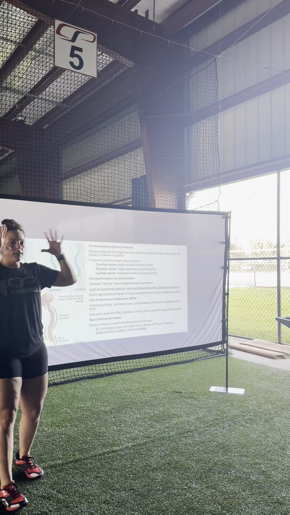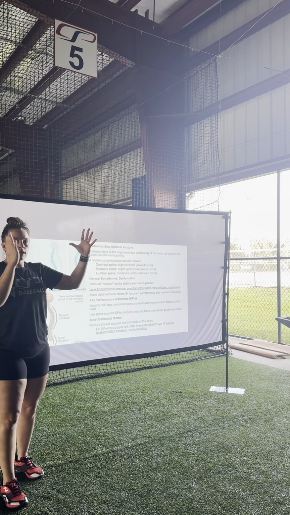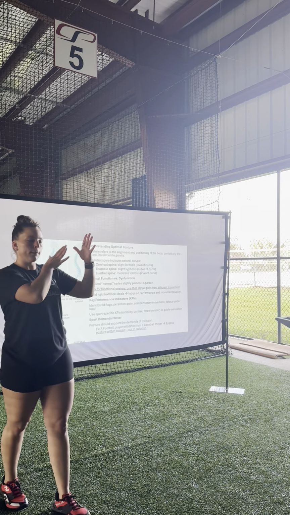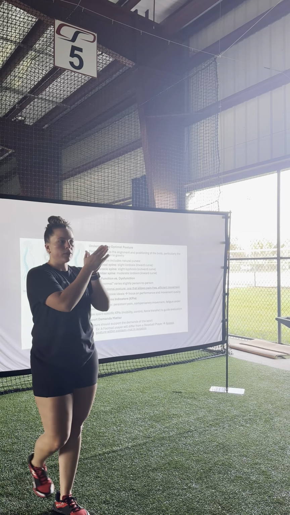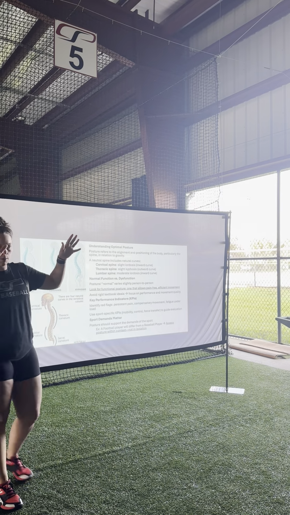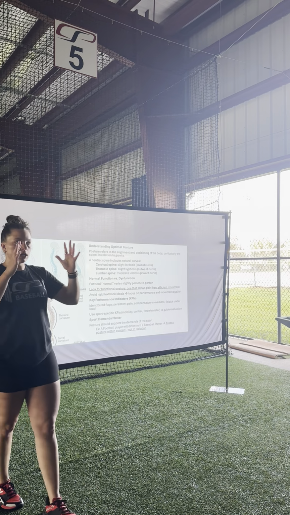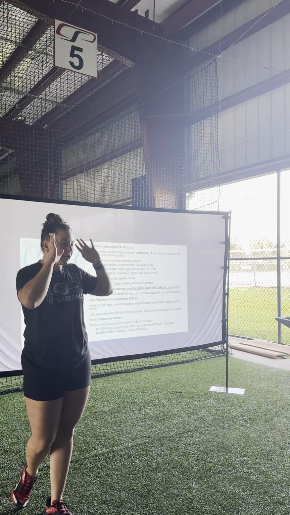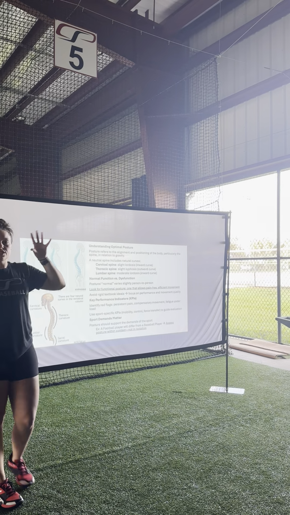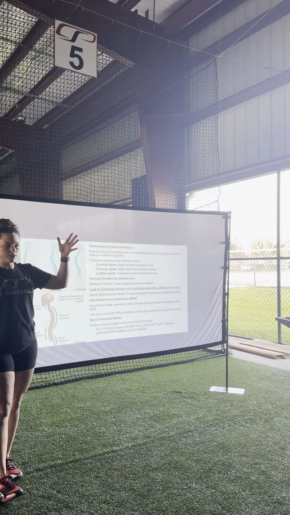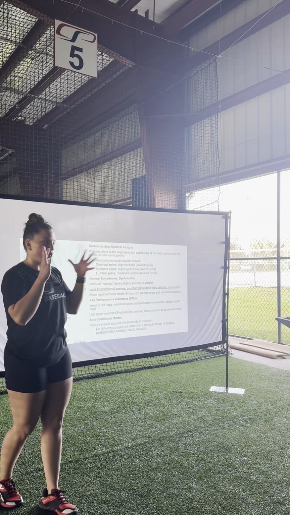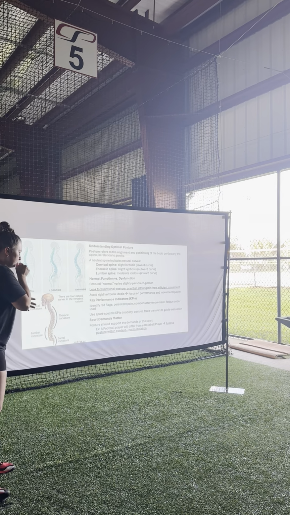Basically, our job, the way that I see it, is that we need to bring them back to health a little bit and give them a little bit more balance. That way, when they go to play 162 games, or however many games they're playing, they have a little bit of leeway and a little bit of balance. That's how I view our system, between health and performance, and we're bringing them back to this neutral position.